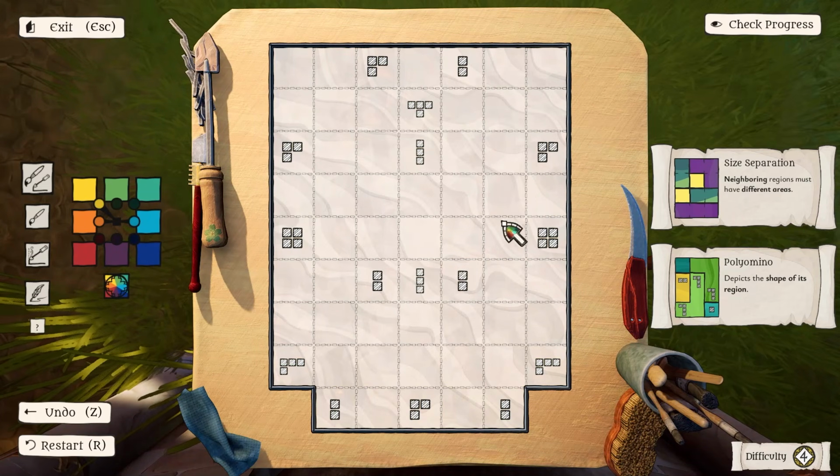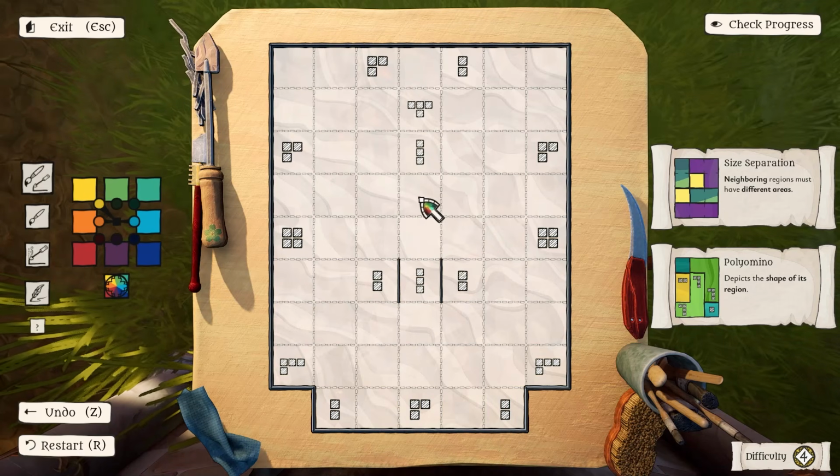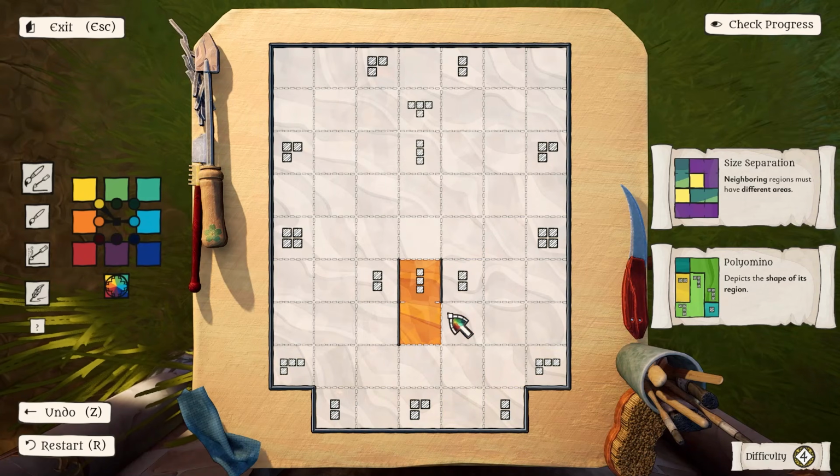Size separation polyomino. Well, this can't reach to there because it would be next to another 3. So it at least does that. Oh, and it can't go to there either, so it does that. That can't go up, so it either goes left or right, that's fine.